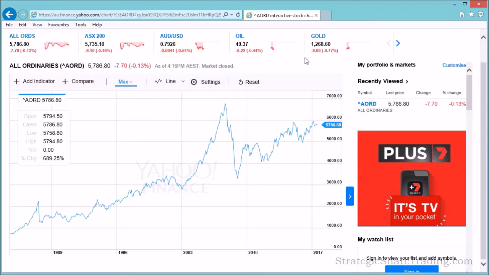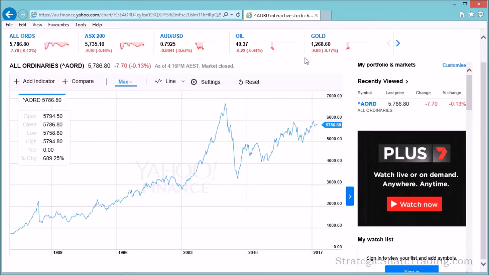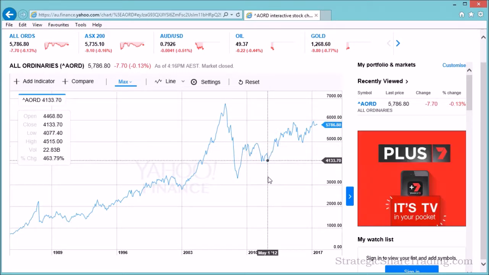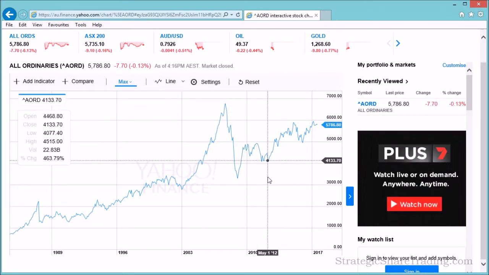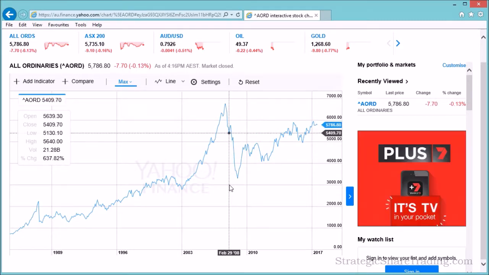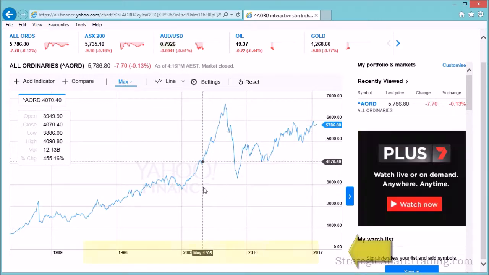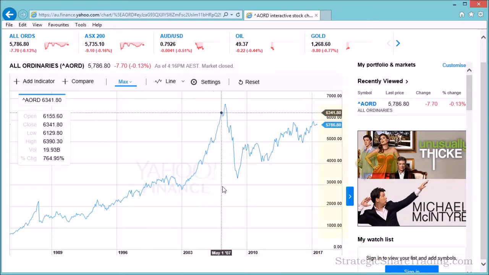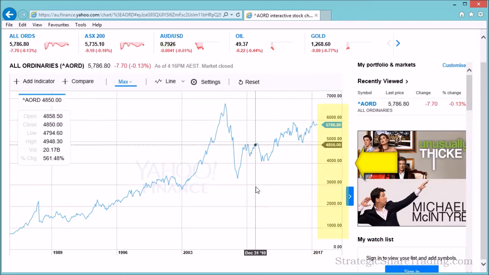Now I'll point out a couple of things here. Notice when I move my cursor over the chart, crosshairs come up, and what it's doing is showing the value of the index for each point in the chart. On the bottom you'll see the date changing as I move about, and on the right the corresponding index value for that date.